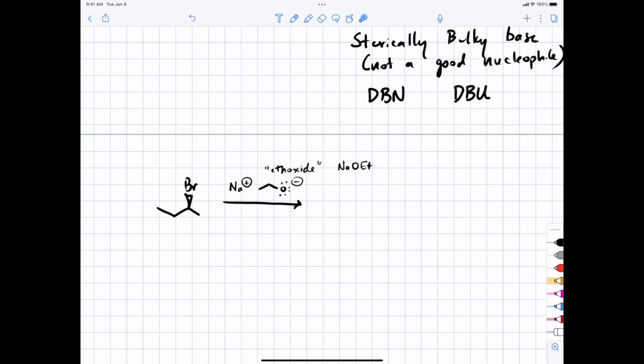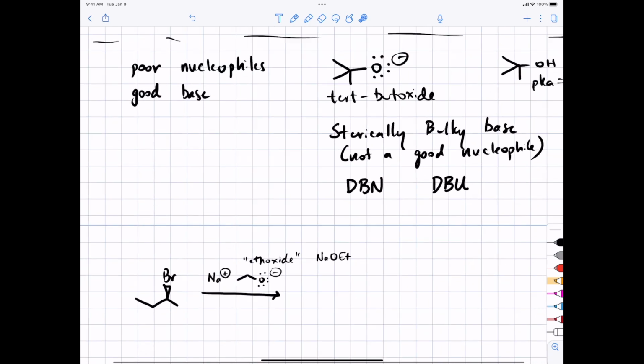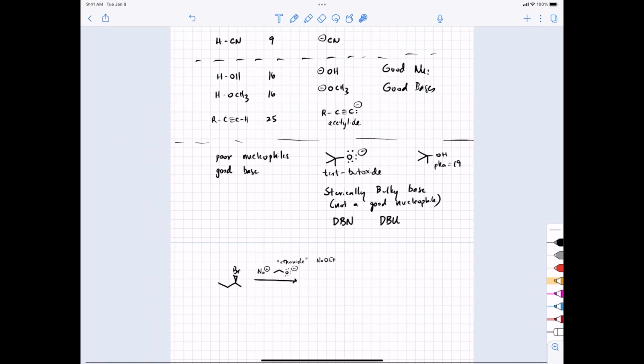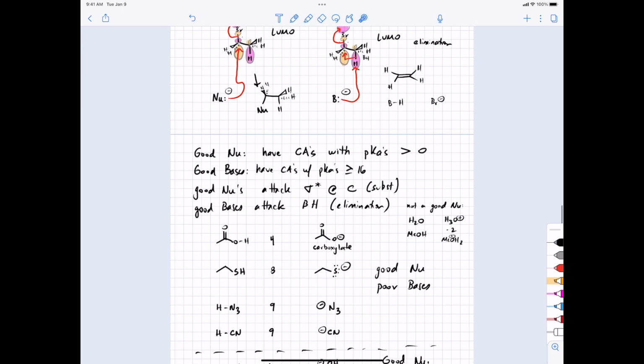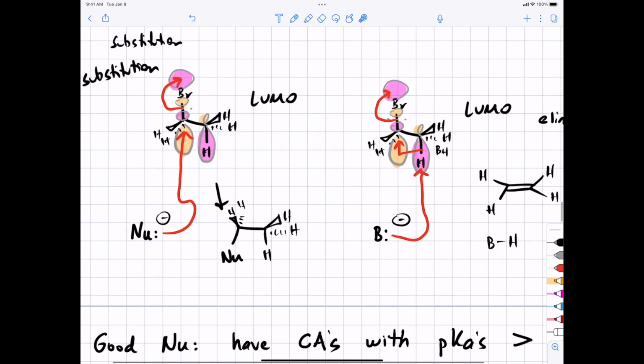I'm deliberately not doing that yet. We'll do that soon. But if you've got a nucleophile that's both a good nucleophile and a good base, you want to be prepared for both substitution and elimination products. That is, you want to be prepared to attack, in some cases, the carbon to create a substitution product, or to attack the beta proton to create an elimination product.